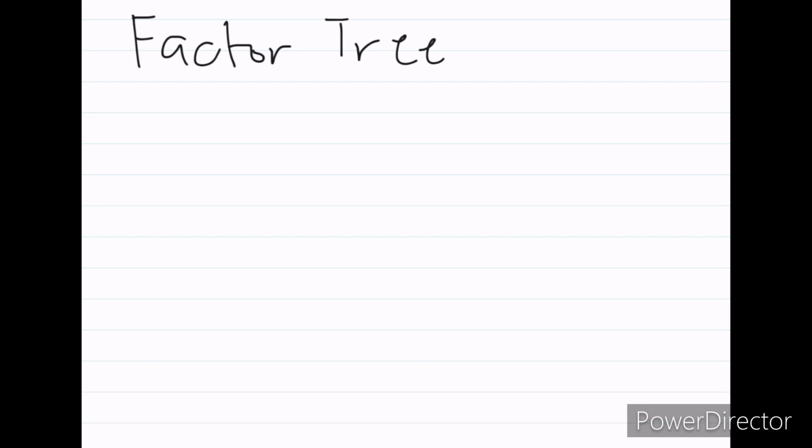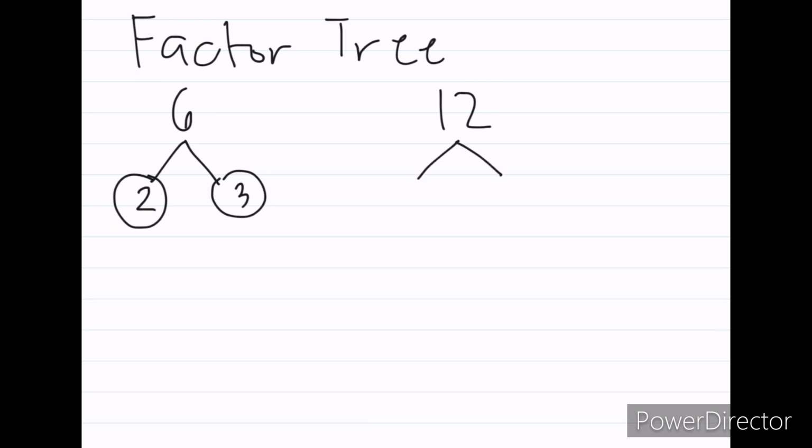Okay, example. Find the greatest common factor of 6 and 12. So using the factor tree, let's focus on 6. The factors of 6 are 2 times 3. Next, 12. The factors of 12, except 1 and itself, are 3 times 4.